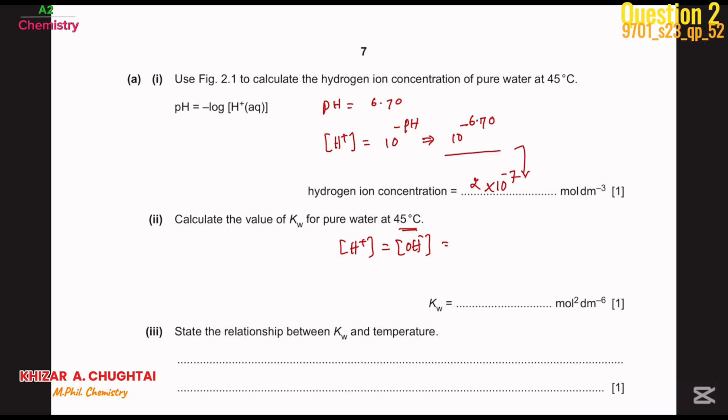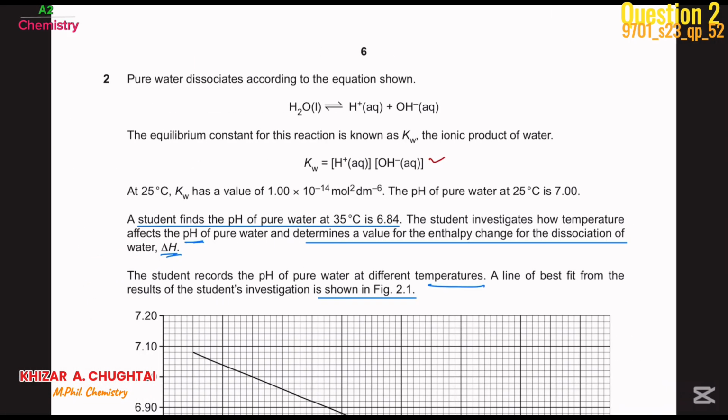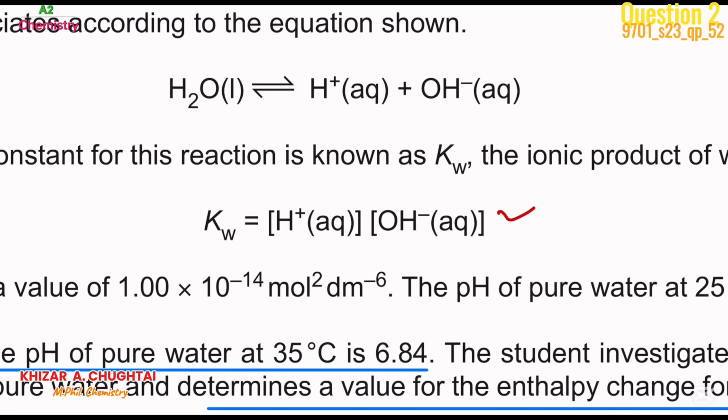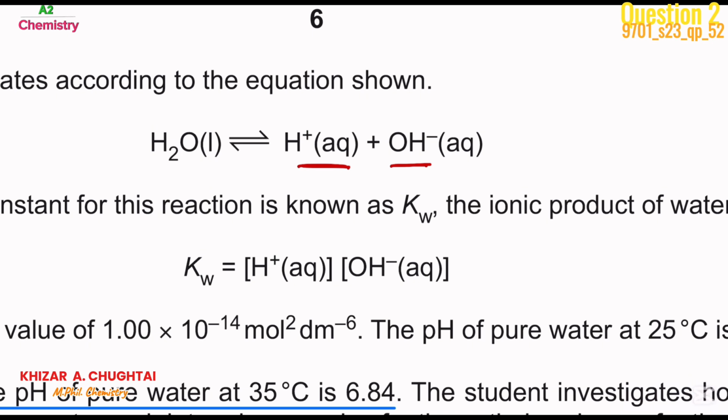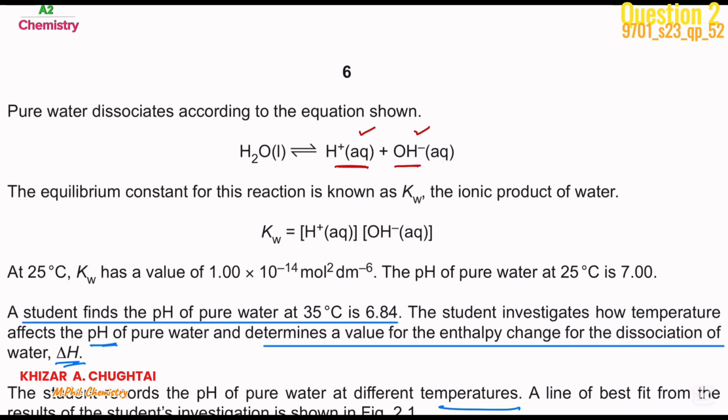When water dissociates, this formula holds good, and the concentration of both ions is the same. When we dissociate water into ions, the same quantity of OH negative and H positive ions is formed. That is why the concentration of H positive ion and OH negative ion from the water will be the same.